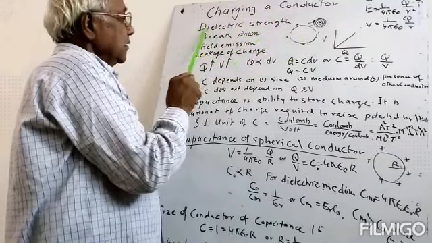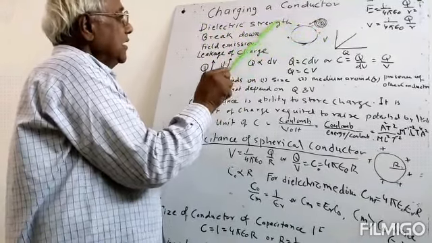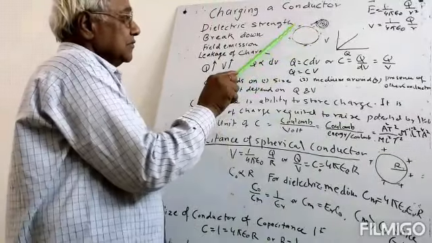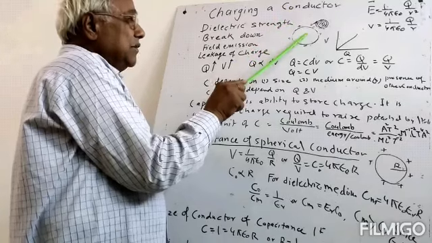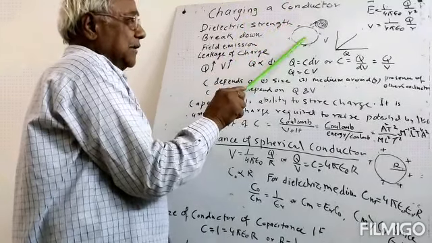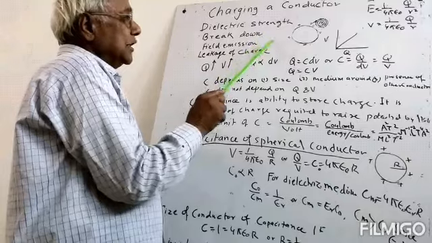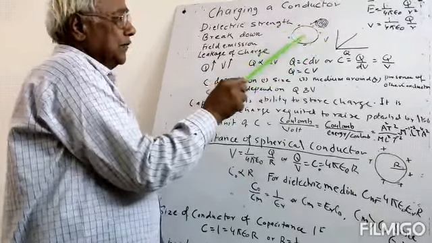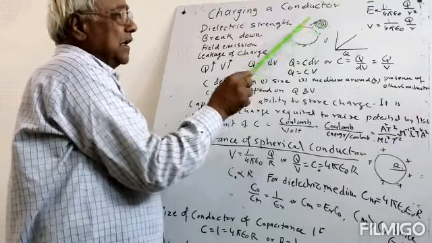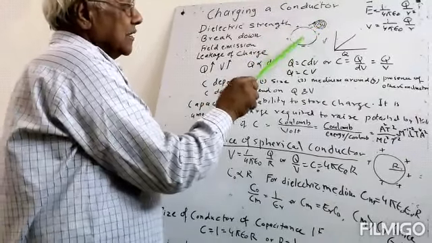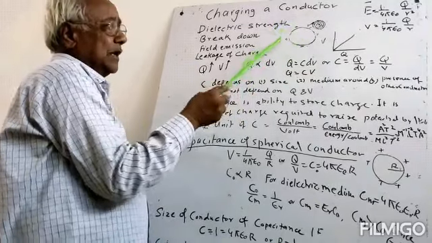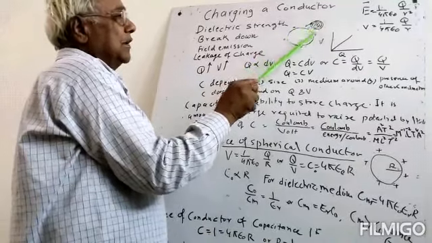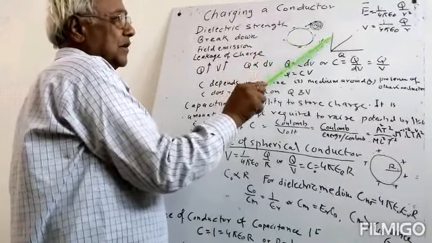Now, as I have told you earlier, for the air, the maximum electrical field that can be given is equal to 3 into 10 raised to power 6 volt per meter, or if we take a distance of 1 centimeter, then the potential will be E into d, so it will be equal to 3 into 10 raised to power 4 volt.